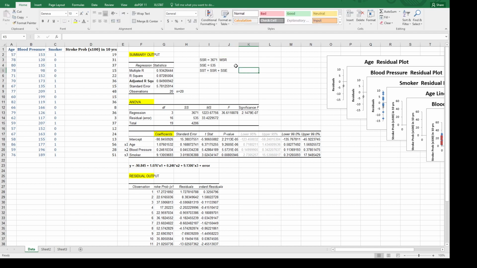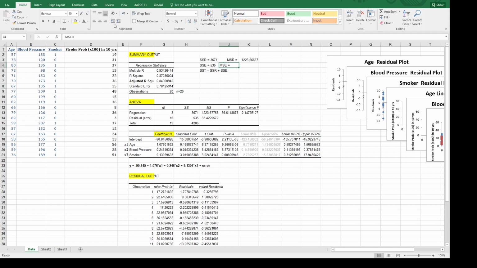MSR, mean square due to regression, is equal to the sum of squares due to regression SSR divided by degree of freedom. You can see this number is equal to what is reported here. So that is correct.